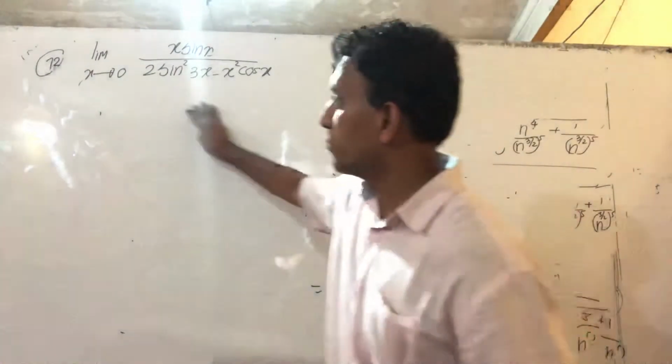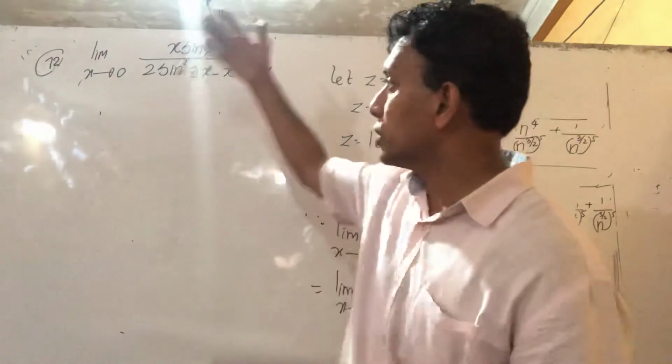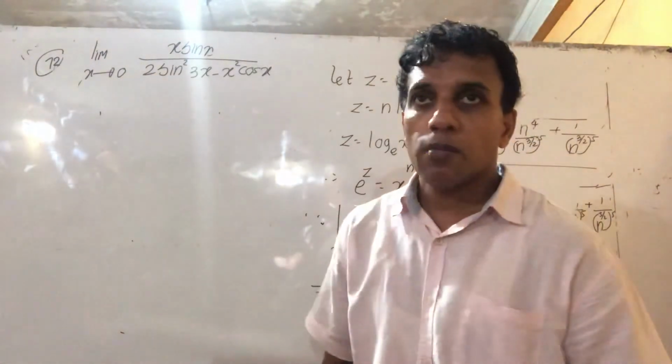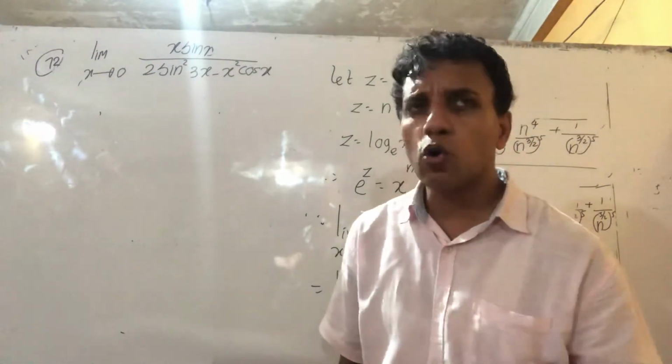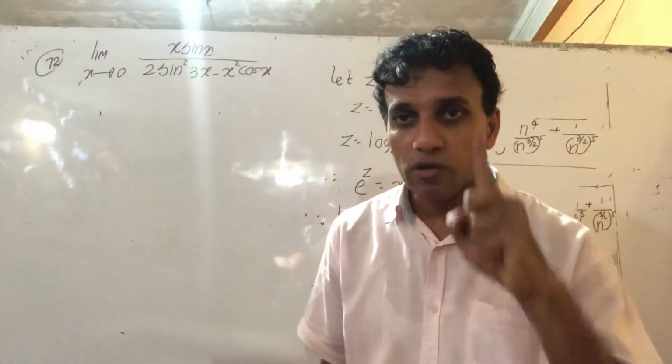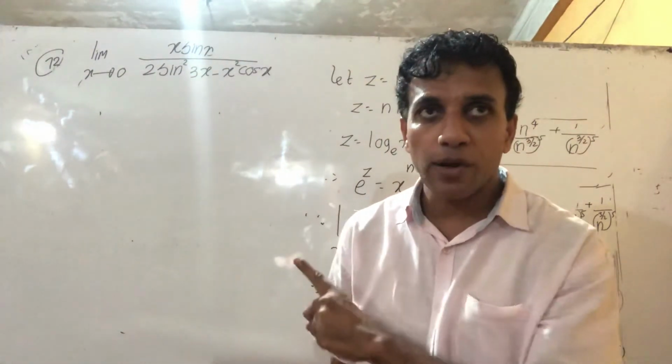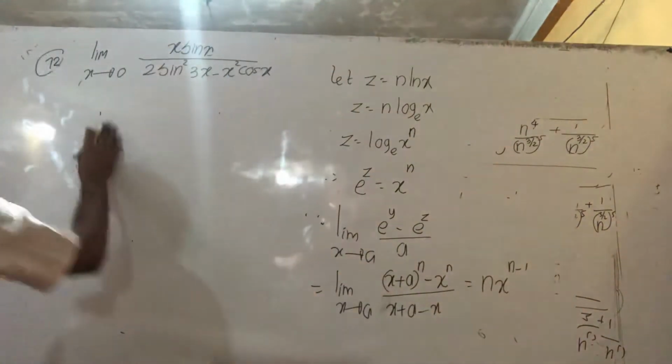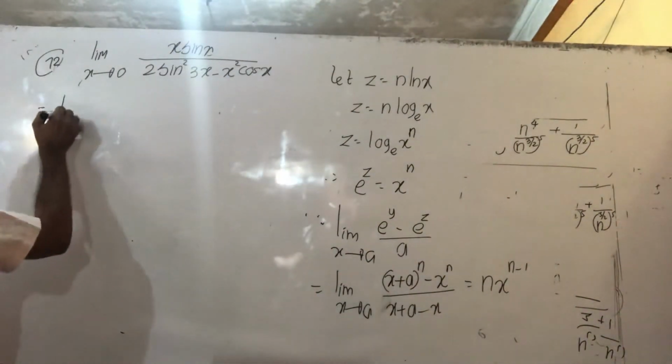So try here what happened for x to 0, above 0, below 0, no chance. But you have idea for sine theta over theta pattern. So can I divide by x square first? Your first step, divide up and down by x square. Numerator and denominator divide by x square.